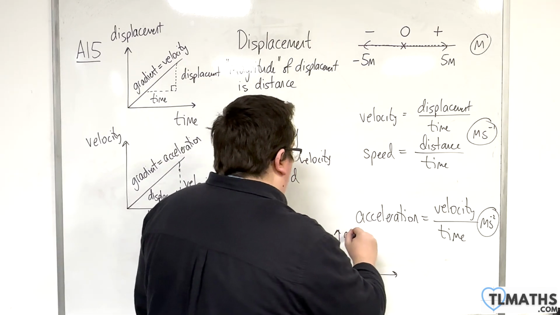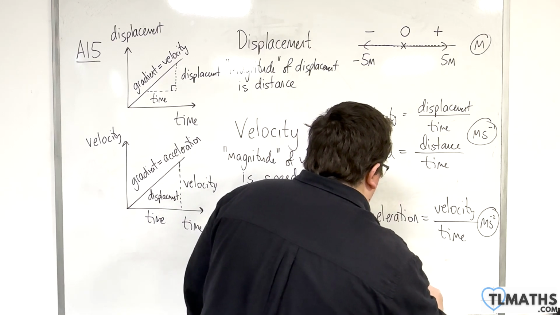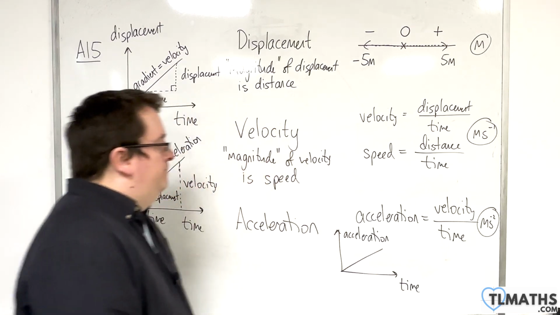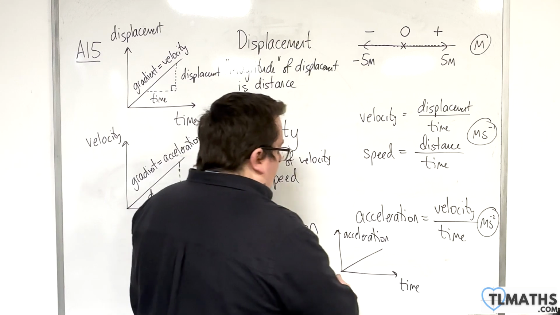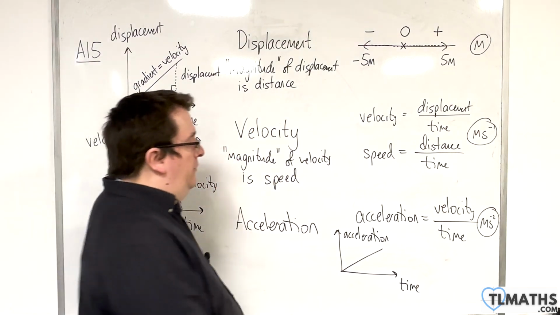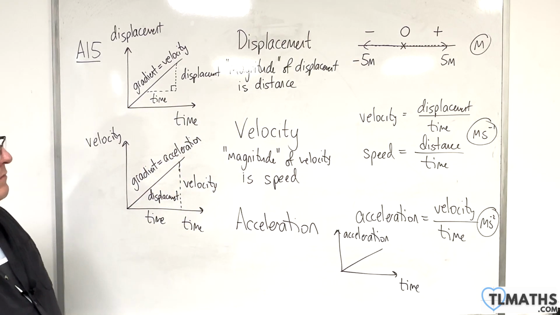So if you have acceleration and then time, let's say we have a line something like that, then as we start off, the acceleration is 0, but we're getting faster and faster as the acceleration increases.